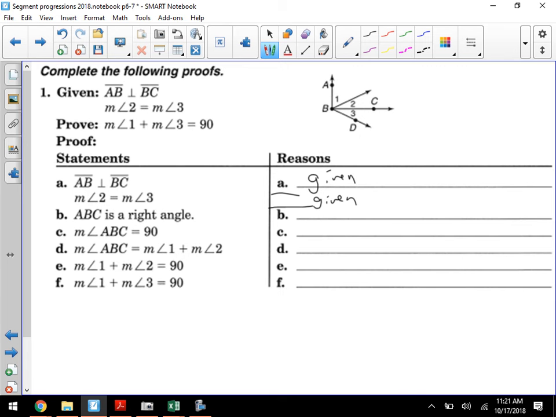Definition of, it's not parallel, perpendicular, because what's given to you? Perpendicular. So what do you say? Definition of perpendicular. Don't make things up, guys.